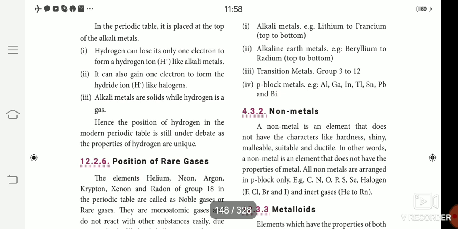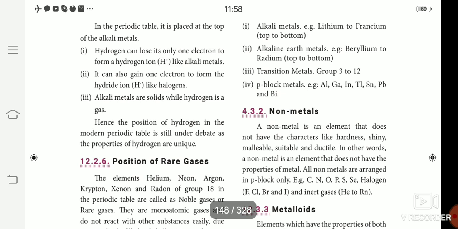The second group is called alkaline earth metals, beryllium to radium. Then transition metals are groups 3 to 12. Then p block metals are aluminium, gallium, indium, thallium, tin, lead and bismuth. These elements are called metals.